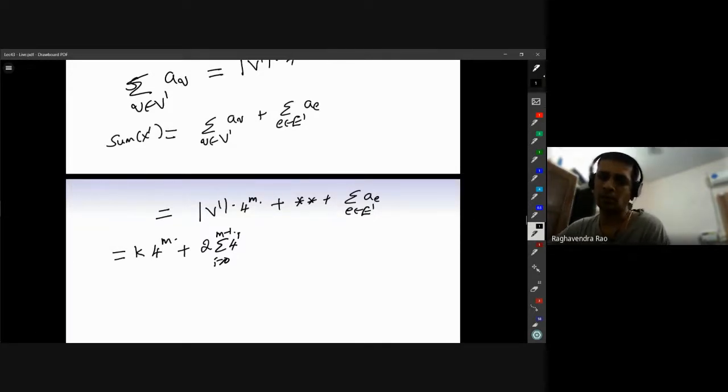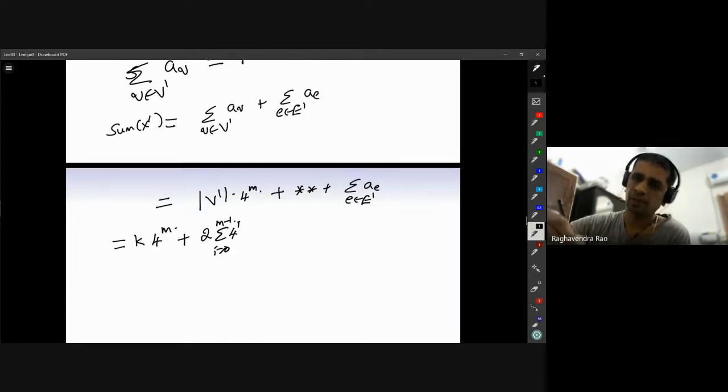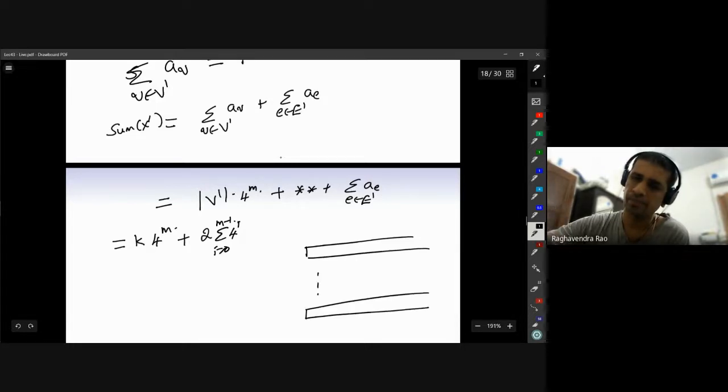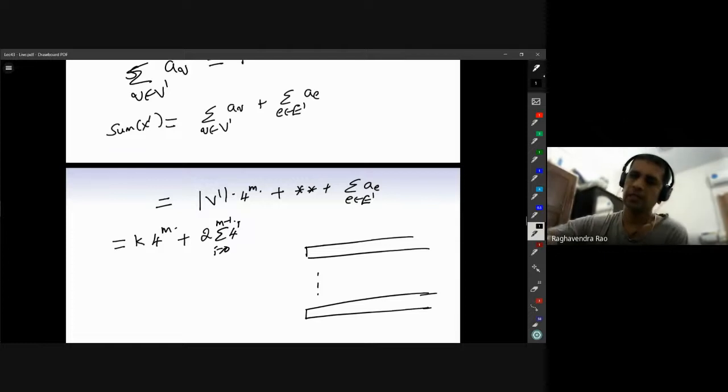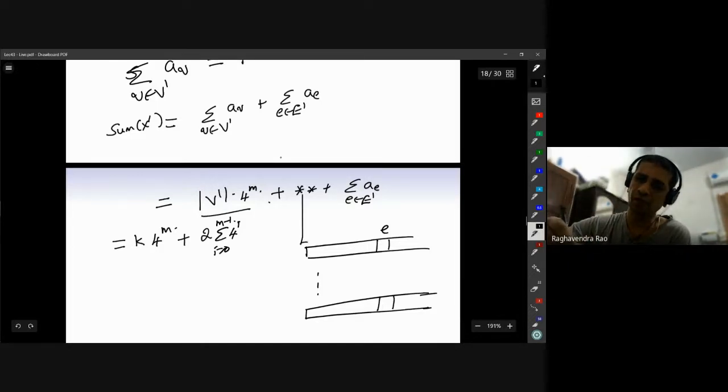Now let's see how many. The idea is the following. Let's look at these. For each, say for example, if I consider E, when I take this sum, apart from this, these are all after 4 power m, right? So position m, not 4 power m, position m in the base 4 representation.